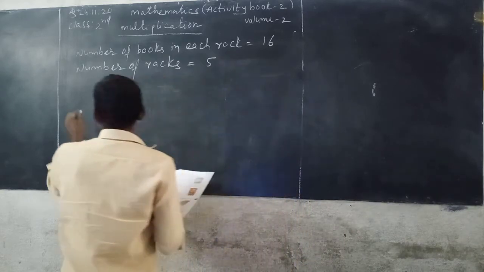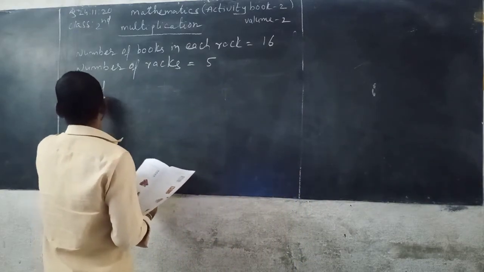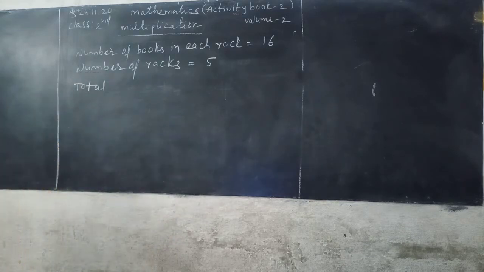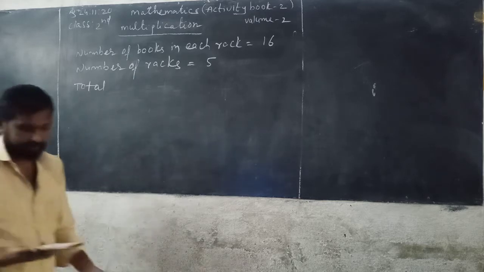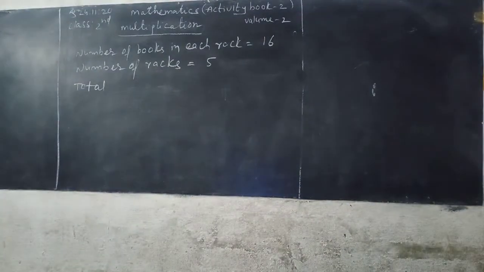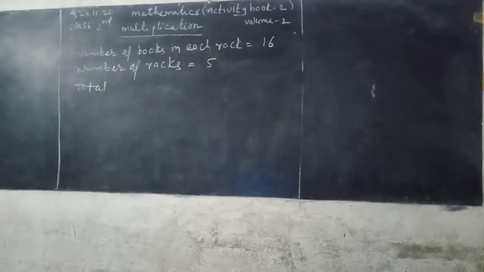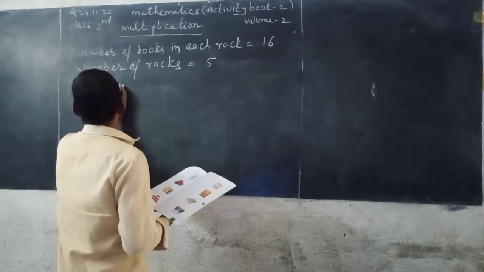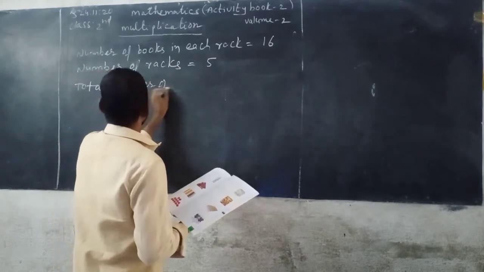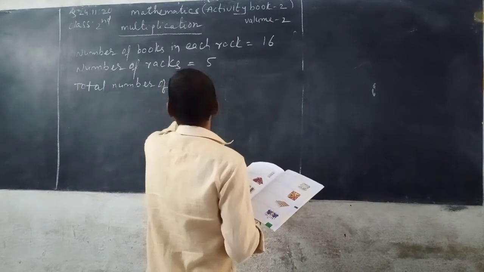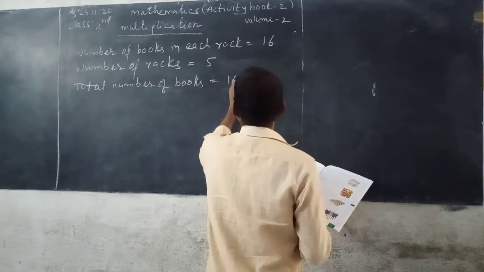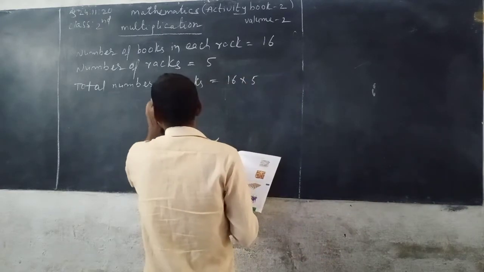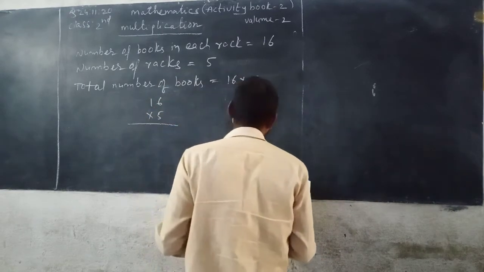So total number of books is equal to 16 into 5. See here, 16 into 5. 16 is multiplied by 5.